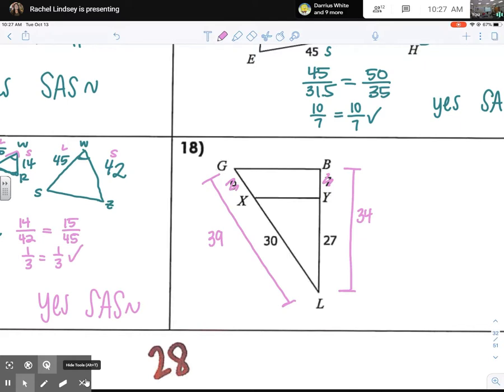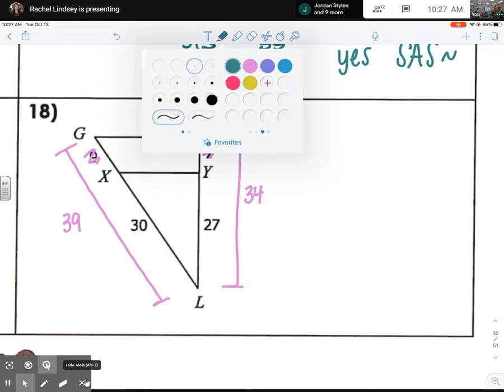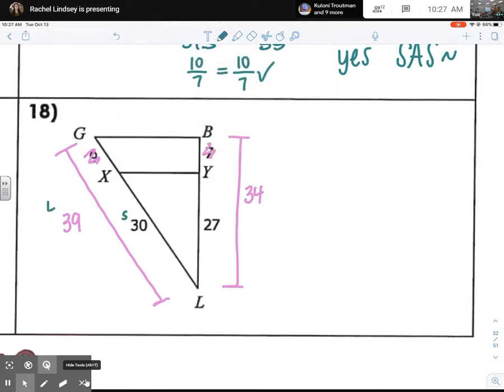Okay, so that's another way you can do it if you don't want to draw them separately. I still suggest drawing them separately. Okay, so if I do large, small, I can do 39 over 34 and 30 over 27.